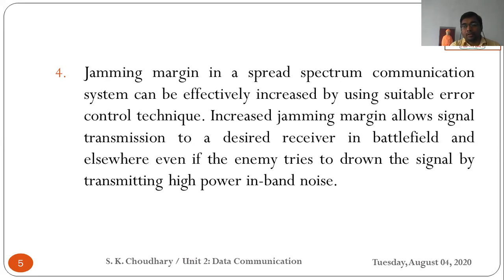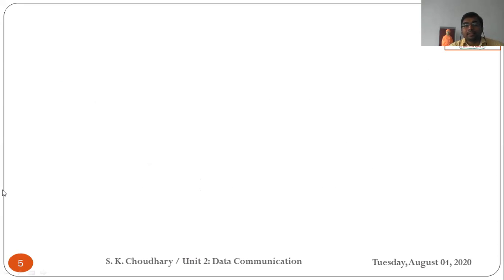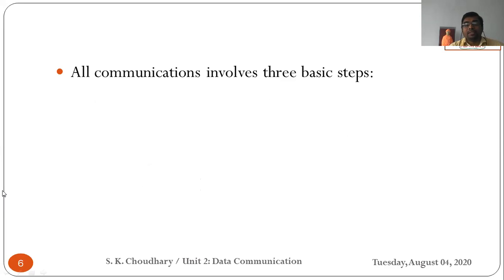We can faithfully transmit our message from one unit of the military to another unit. So these are some key advantages of error control techniques, and that's why we have to use them. In this unit, we will learn all the error control techniques.